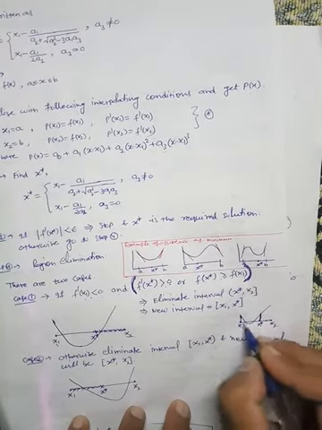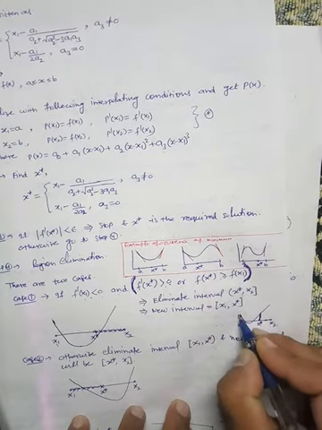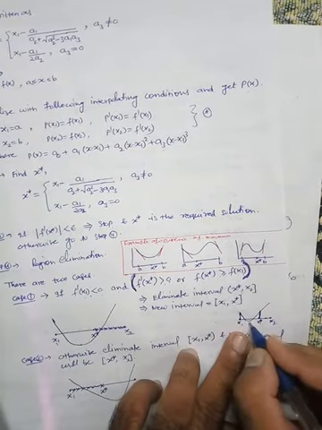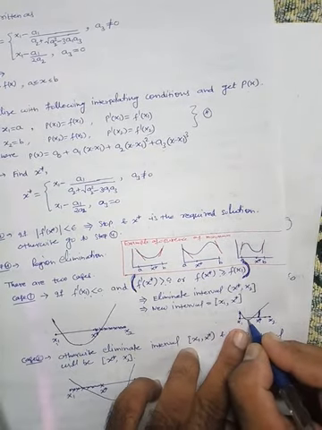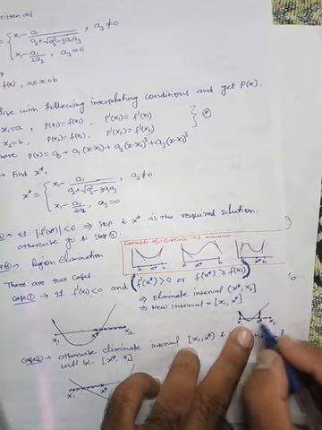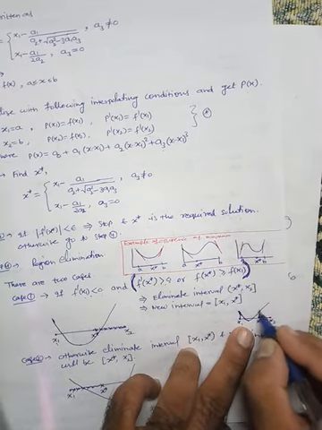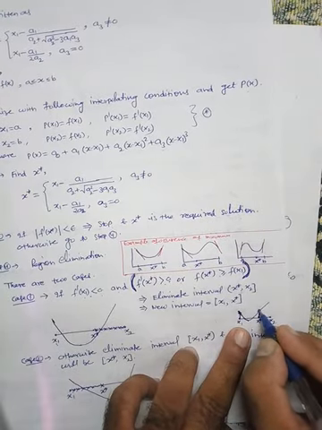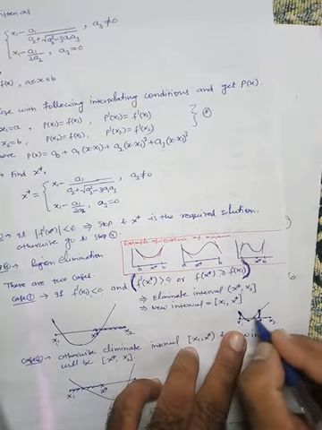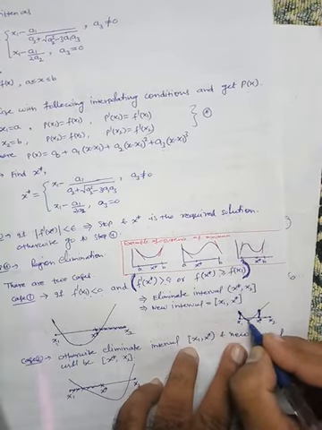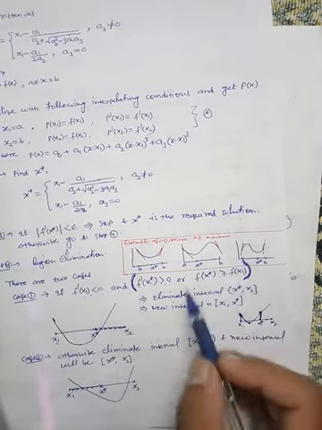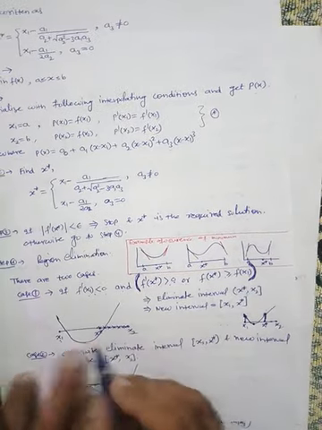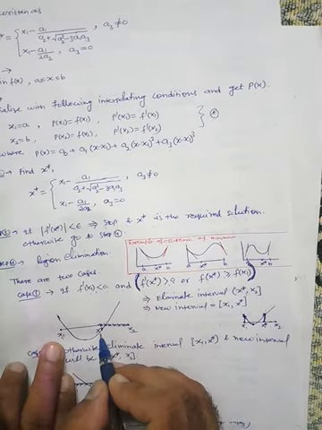This is decreasing, but the value at x star is greater than this, so obviously the minimum will be somewhere here. Because this is decreasing and here the value is higher, it must be increasing, so obviously there should be a peak in between x1 and x star, and hence again we have the same case. So in this case eliminate this interval and the new interval will be x1 to x star.